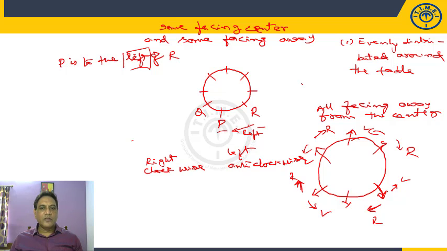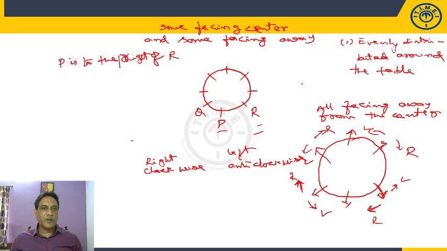So clockwise is left. When is clockwise left? When the person is facing the center. So after finding the position, this will help us to know the direction which the person is facing. If the statement says P is sitting to the right of R, the position is already fixed.